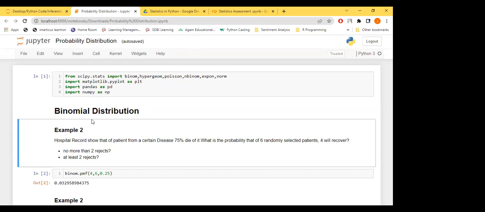Can you give me a book? Okay. Guys, read your binomial one. I'll ask the question for you. Because solving over here is very simple. Okay.